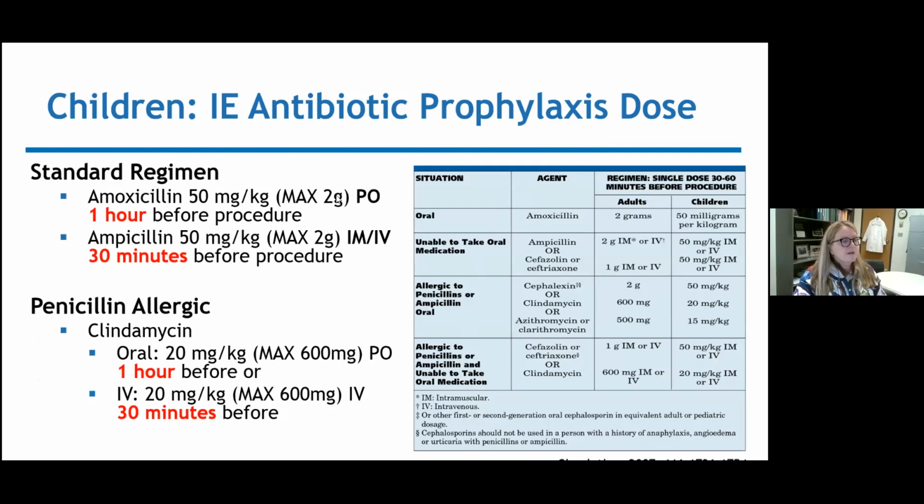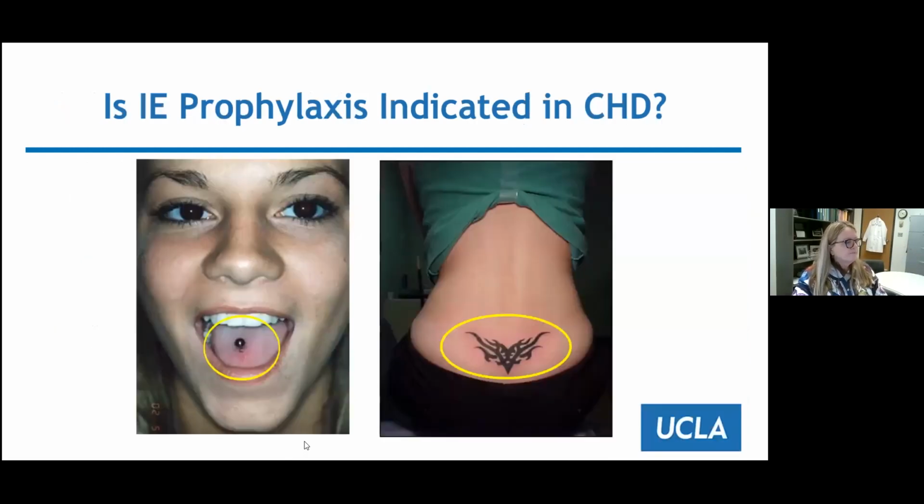It's still the same dose. The maximum is 2 grams, and the route determines when you give it. If they are penicillin allergic, you can use clindamycin, and that amount is given. There are other medications listed here that you can look up on your own.